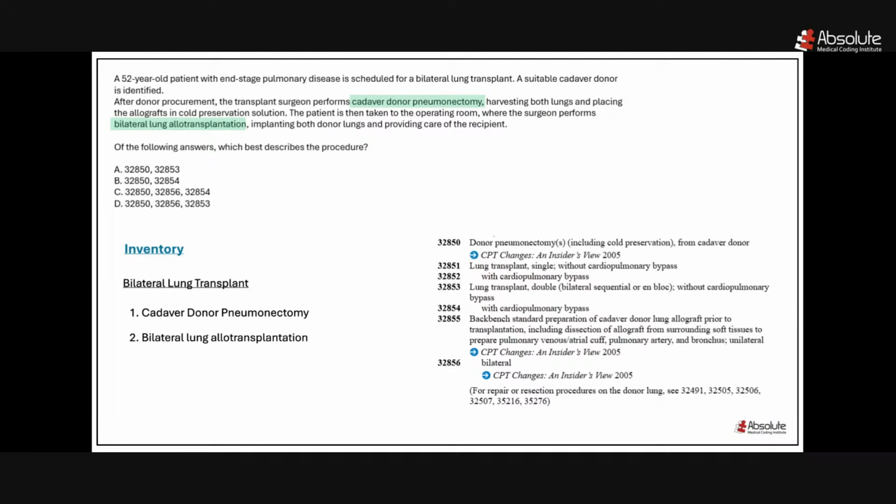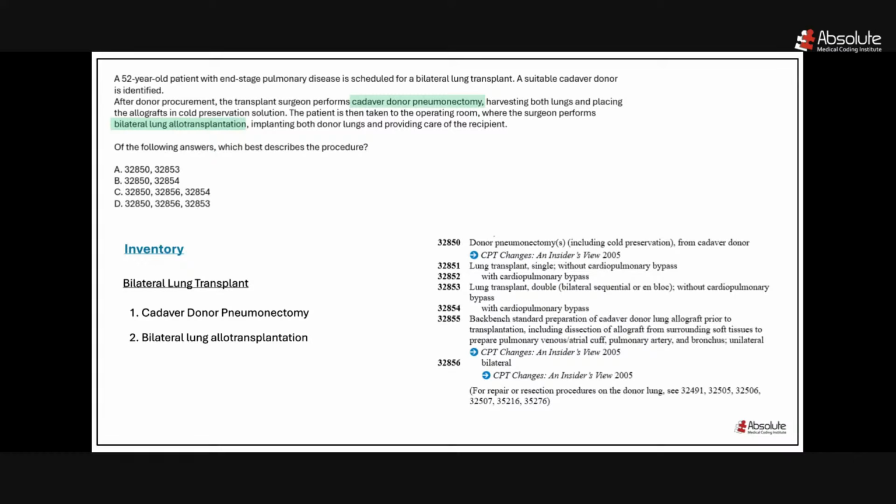Was there any backbench work documented in this scenario? Let me know in the chat, coders. Was there any backbench work performed? No, right? There was only a pneumonectomy and a lung transplantation done.